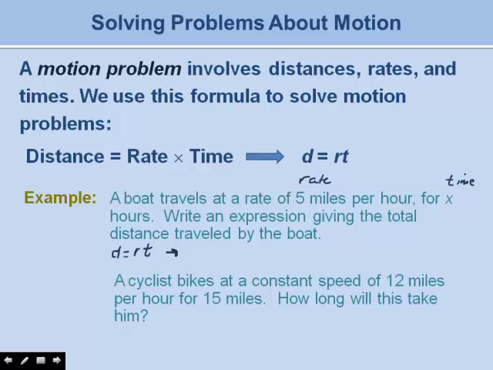So we have our rate of 5 miles per hour times our time, which is x hours. And if we multiply those two together, we get 5x. And if we think about this, miles per hour we could write as miles over hours. Our hours would cancel out and we would just get miles. So this would be 5x and the unit would actually be miles.